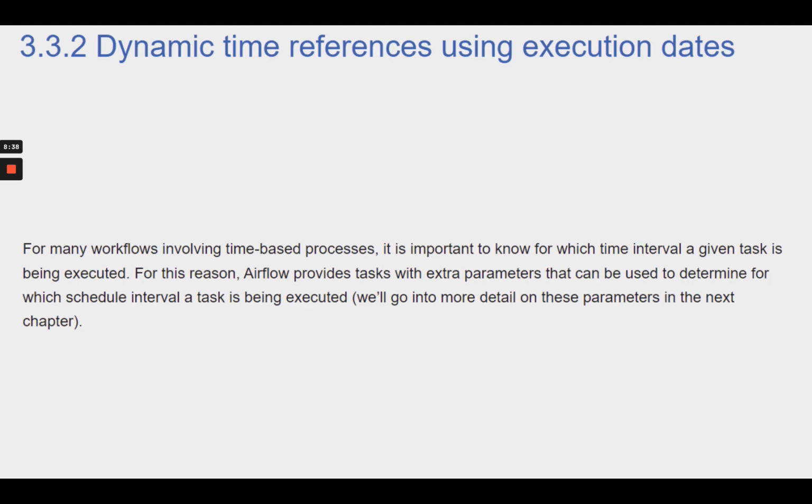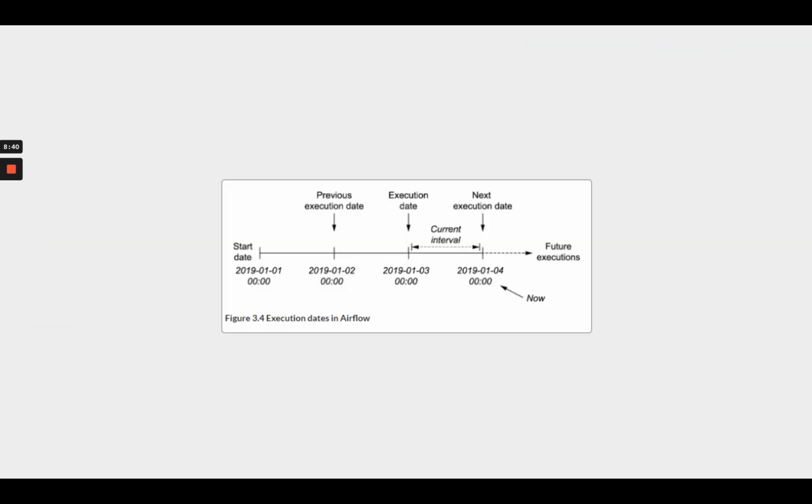We'll go into more detail on these parameters in the next chapter. The most important of these parameters is called the execution_date, which represents the date and time for which our DAG is being executed. Contrary to what the name of the parameter suggests, the execution_date is not a date, but a timestamp, which reflects the start time of the schedule interval for which the DAG is being executed.